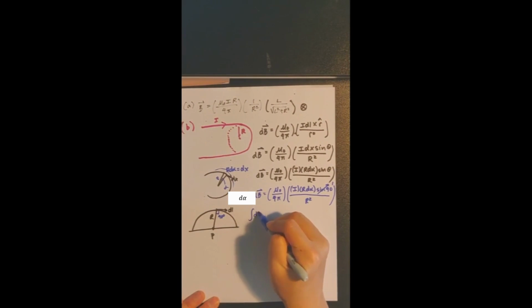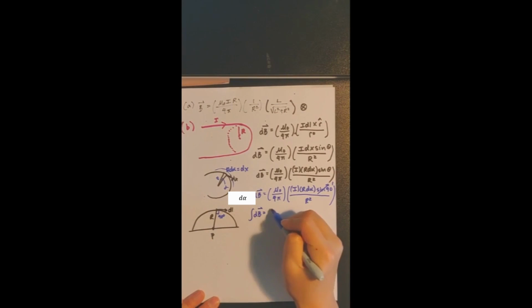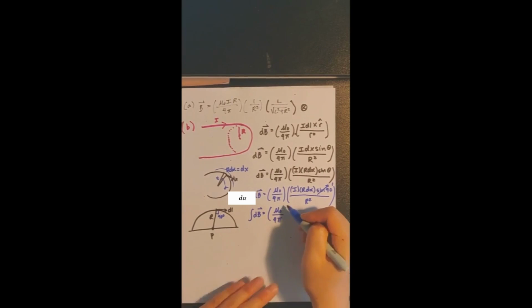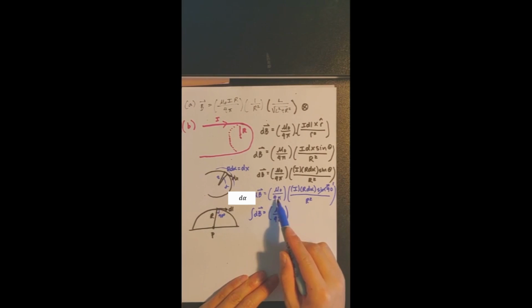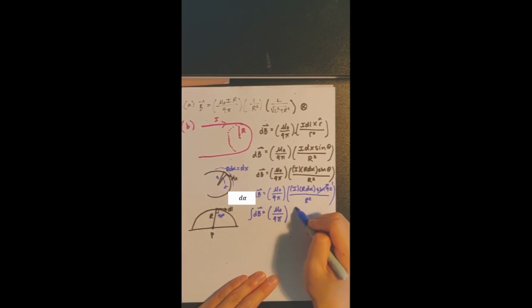Integral of dB is equal to mu naught, so this is a constant, this is a constant, and then it's going to integrate I R d alpha over r squared.